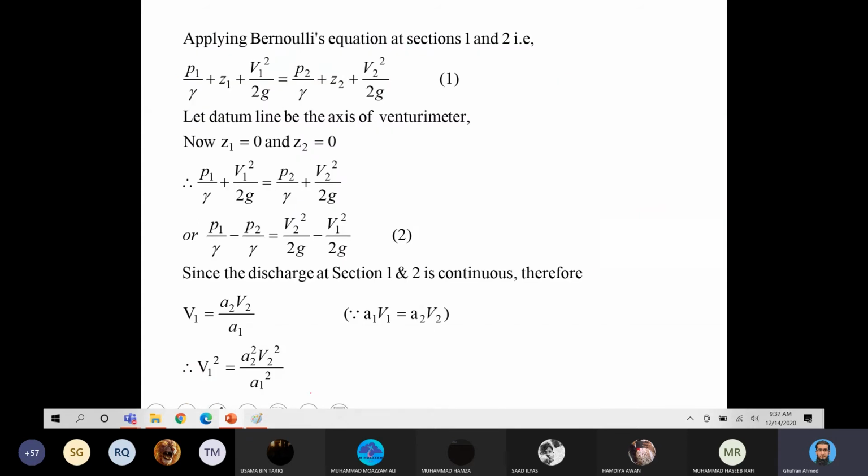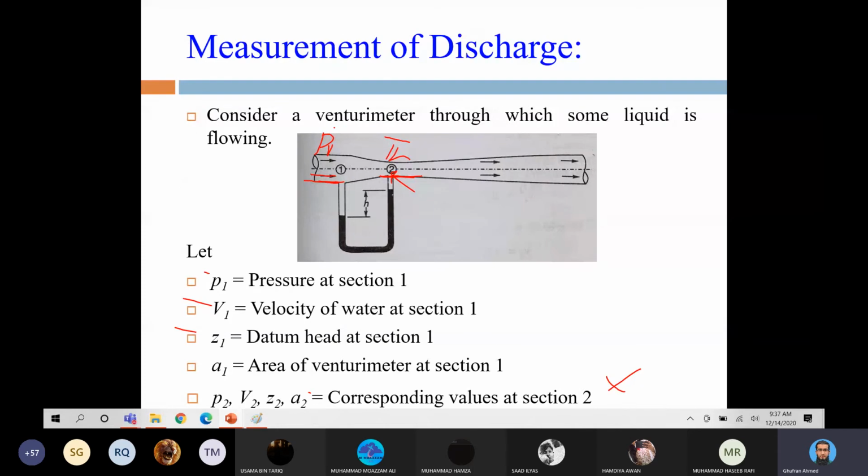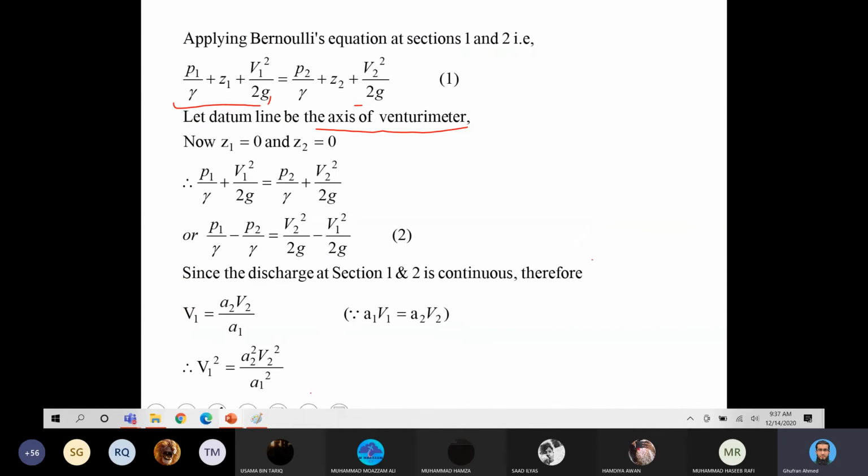So applying Bernoulli's equation at sections 1 and 2, very simple. P1 over gamma plus Z1 plus V1 square over 2g is equal to P2 over gamma plus Z2 plus V2 square over 2g. Since the datum line of the axis of the venturimeter is the same, Z1 is equal to Z2, so they cancel.